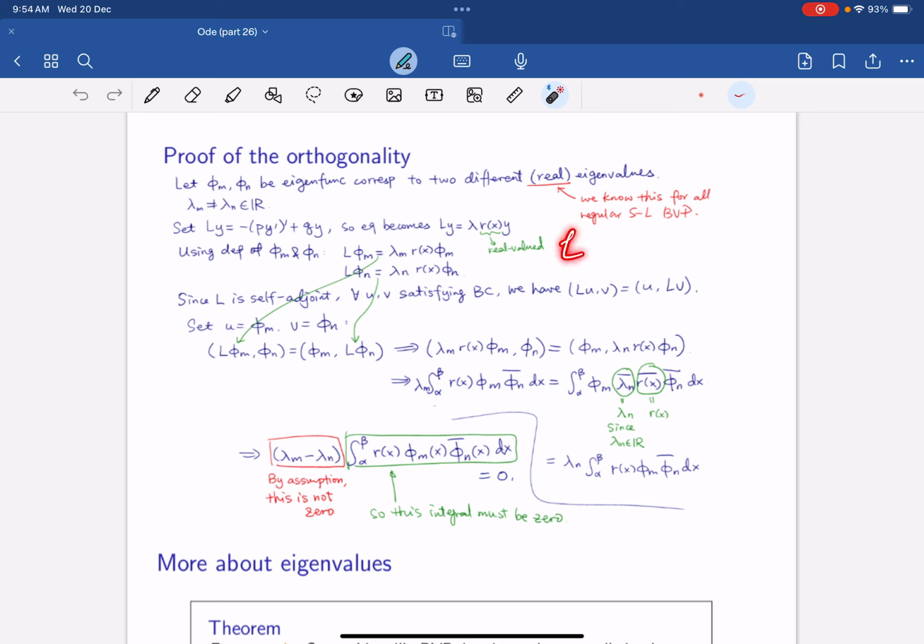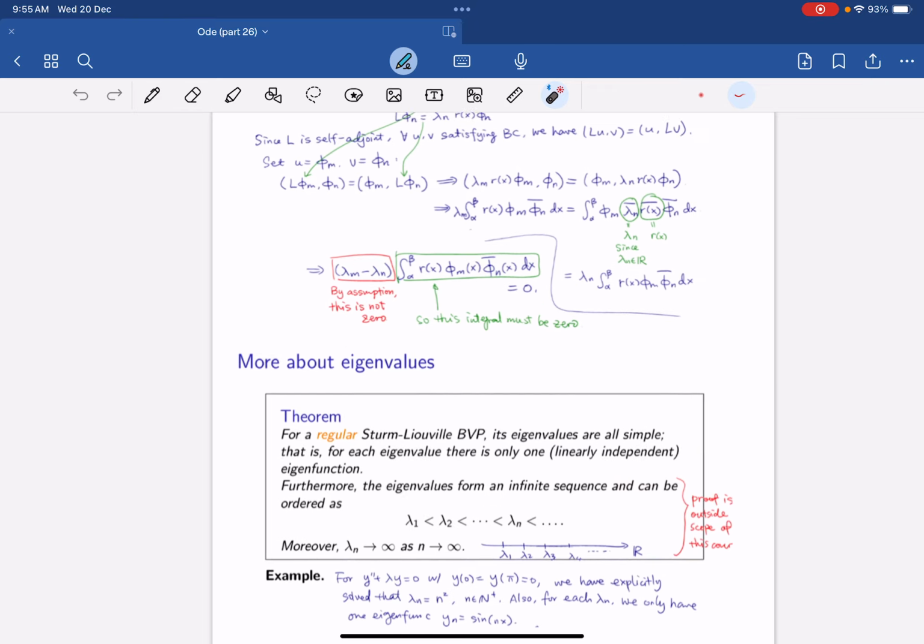So it's the inner product of L phi m with phi n, then it's self-adjoint, so you can just bring the linear operator to the other side and then we expand out and we should get that, because they are different eigenvalues, this part is non-zero, meaning the inner product must be 0. So that means that they are orthogonal to each other.